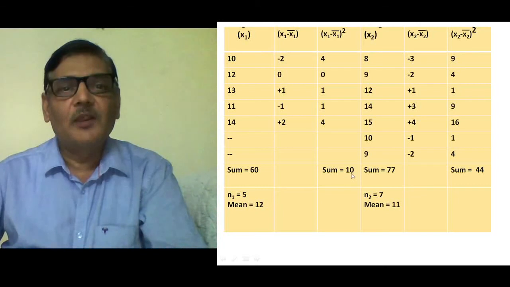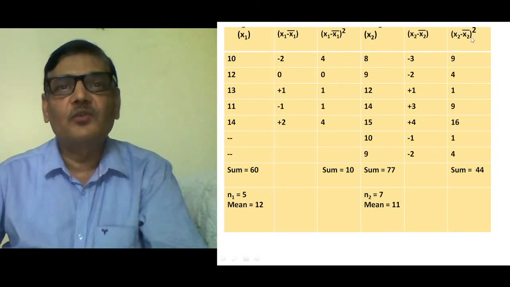Exactly the same way we calculate X2 minus X2 bar squared. What has been done? The mean value, 11, has been subtracted from these individual observations. So 8 minus 11 will be minus 3, 9 minus 11 is minus 2, 12 minus 11 will be plus 1.